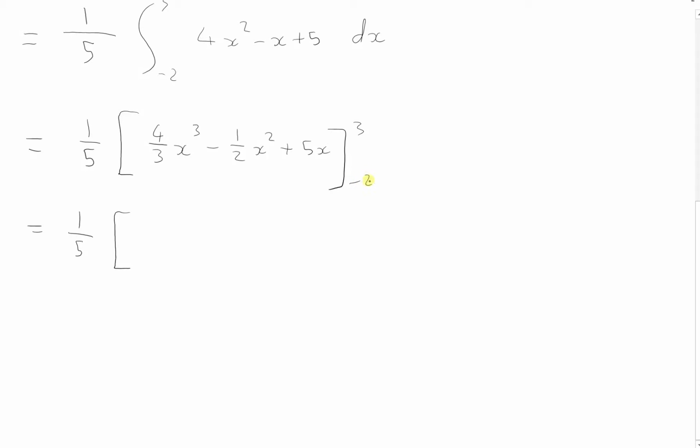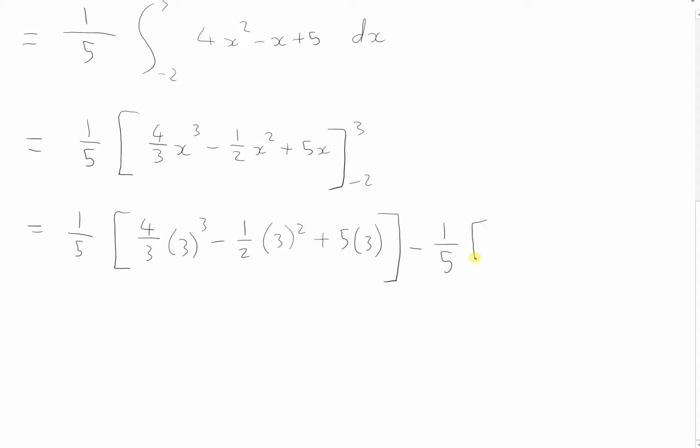Now, can you see it's going from -2 to 3? So what I can do is put in a 3 wherever I see an x. Again, this is the fundamental theorem of calculus, or the second fundamental theorem of calculus, should I say. Anyway, minus, put in the -2. Now I see something there. I wanted to multiply this 1 over 5 in towards the very end, but I don't want to confuse you, so I'm just going to put it outside here again.